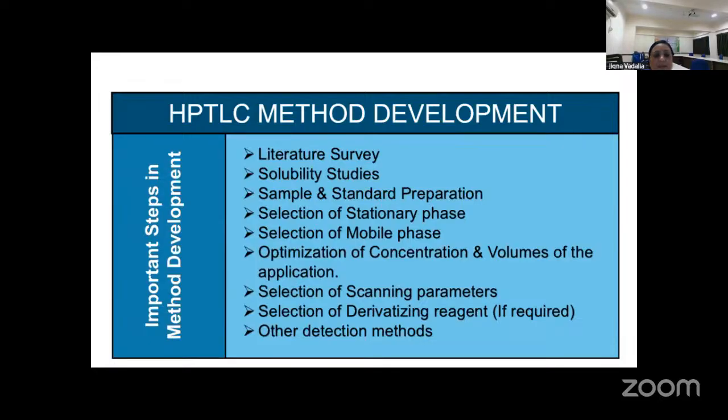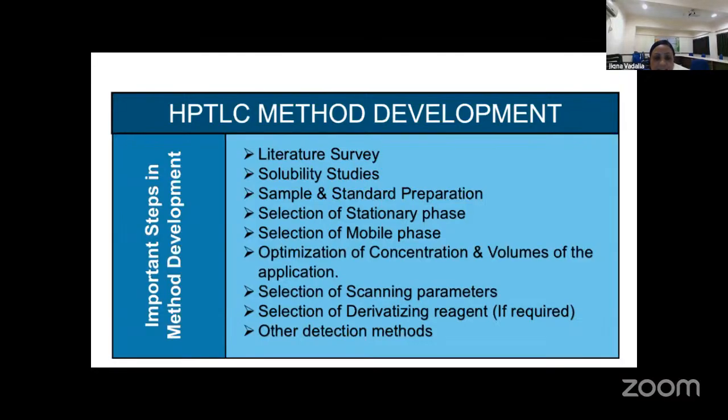So it will not absorb in the 200 to 800 nanometer. At that time it requires some derivatizing reagent, so it reacts with that reagent and it develops some color, so that color we will be able to measure.